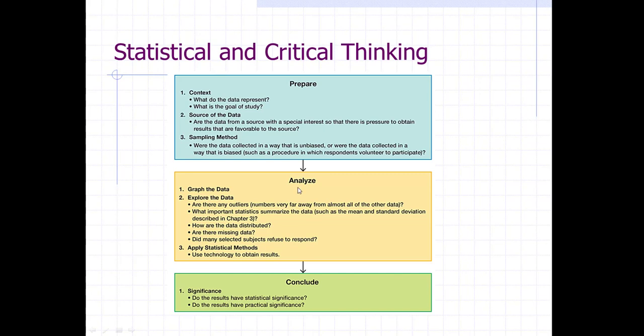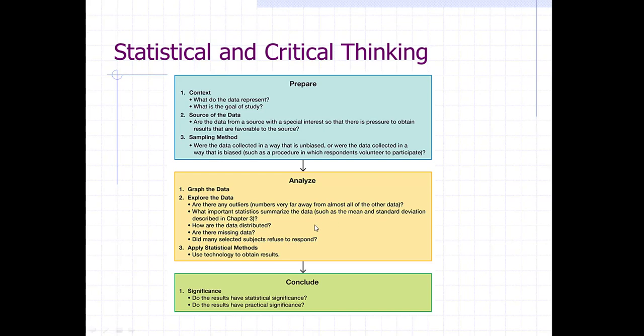Then we're going to analyze the data, and we graph it so that we can see it visually. We check to see if there are outliers. We're going to summarize the data with statistics, and that's what we're going to do in chapter 3. We're going to look at what the distribution looks like. Are there any missing data, and did many refuse to respond?